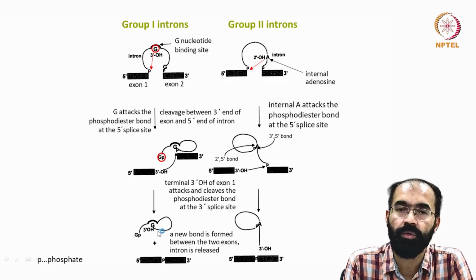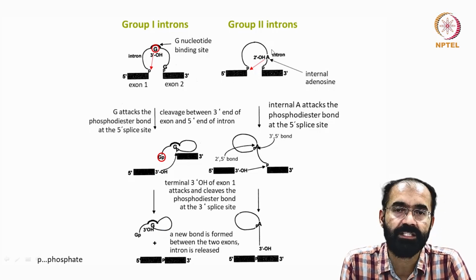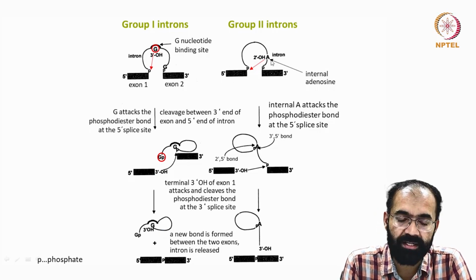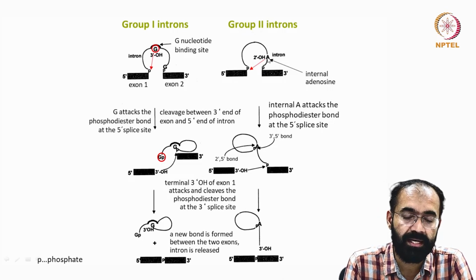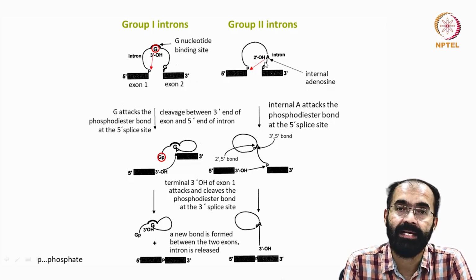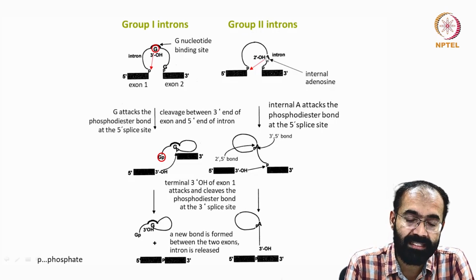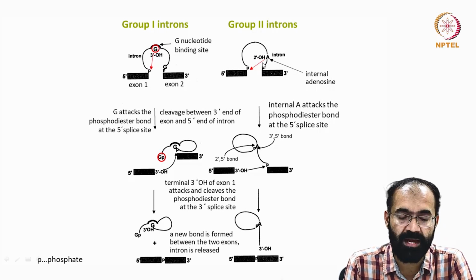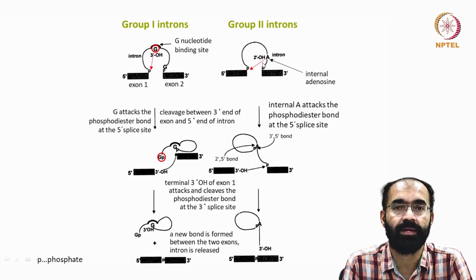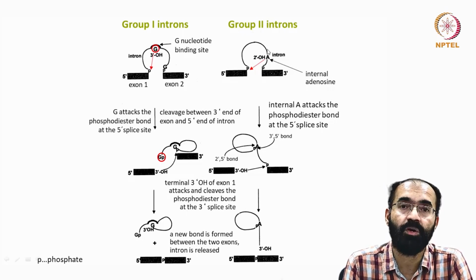Coming to group 2 introns, it is very similar to group 1 intron, except that group 2 introns have an endogenous A instead of G, which is not externally recruited. It is present in the intron sequence itself, and we call it an internal adenosine. This internal adenosine's 3' is already part of the phosphodiester backbone and not available for any reaction, whereas the 2' OH is free.